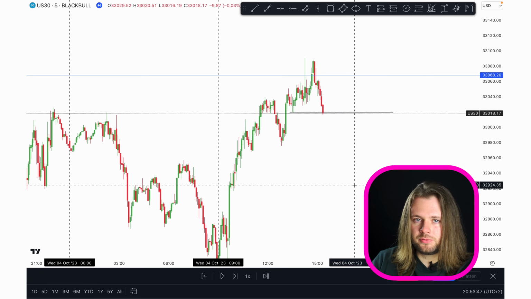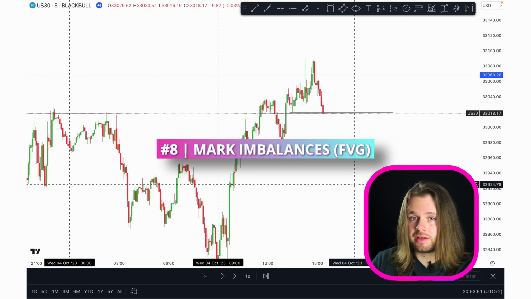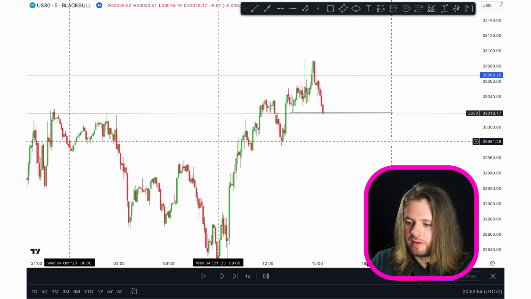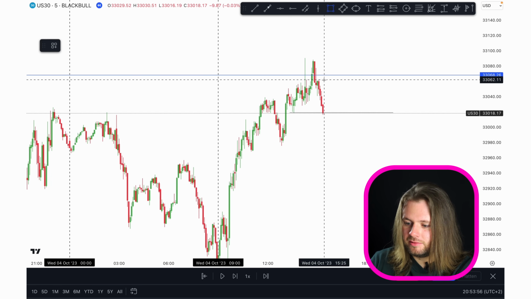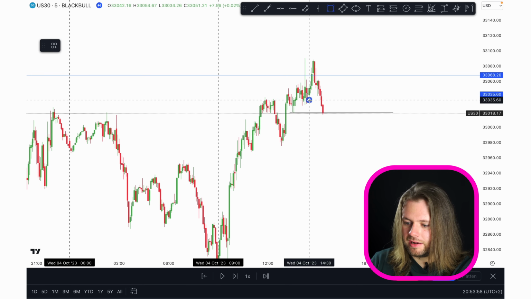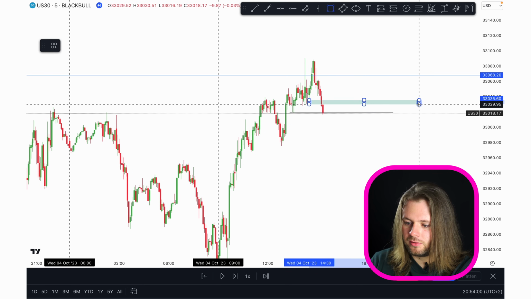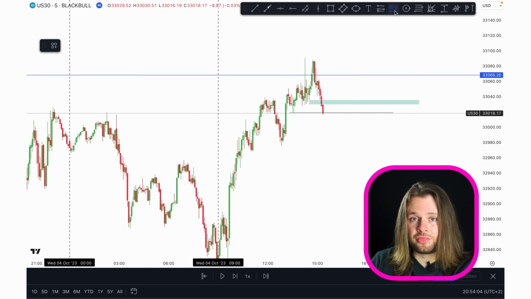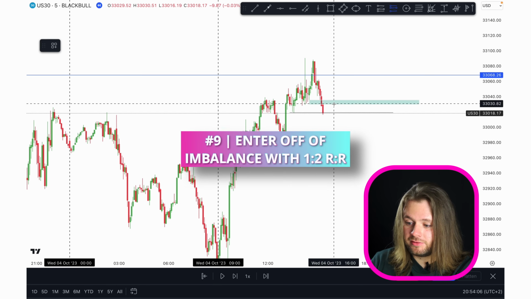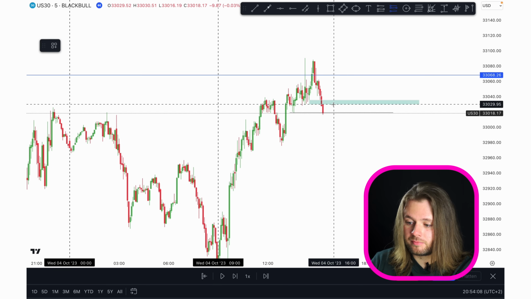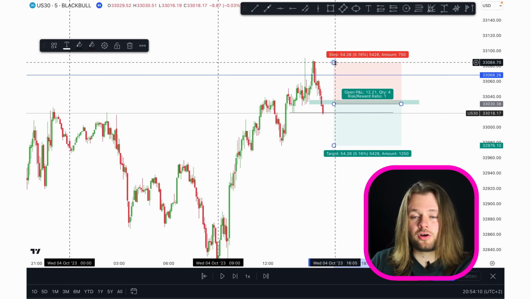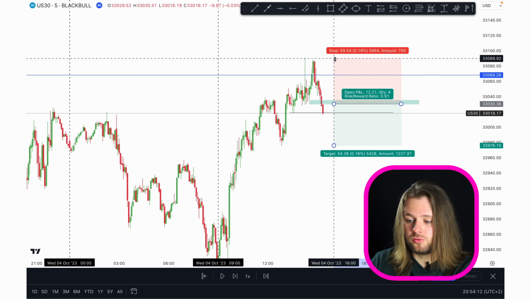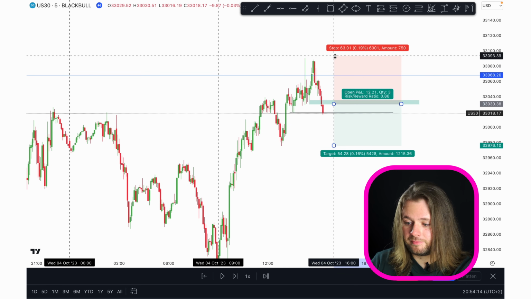Now, as mentioned previously, we are now looking for the first imbalance we can see to the top. As you can see clearly, we have a clear imbalance right over there. So we will be entering at the start of this imbalance, and we will set our stop loss a tick or two above the high.